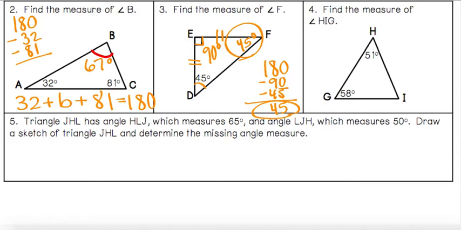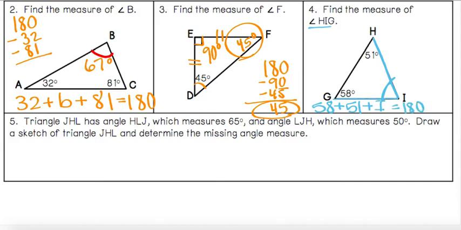Okay, let's see here. Find the measure of angle HIG. So again, HIG means angle I. We want to know what this angle is. The equation would be 58 plus 51 plus angle I is equal to 180 degrees.